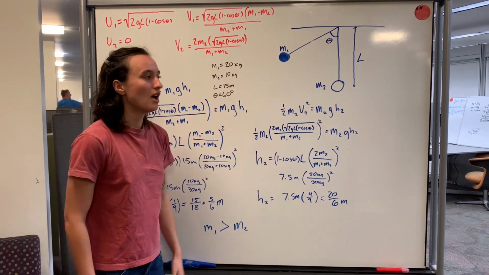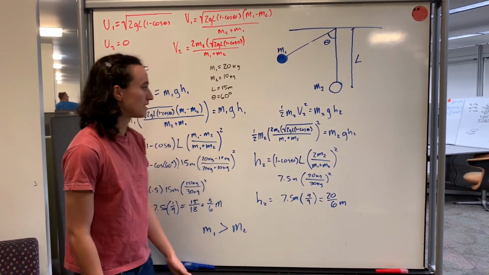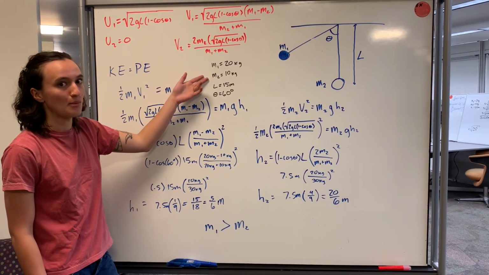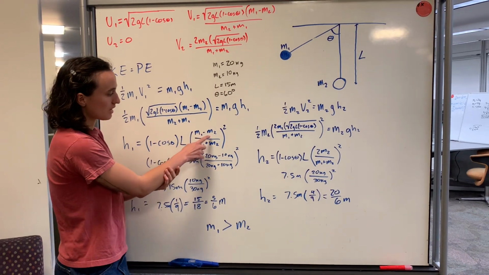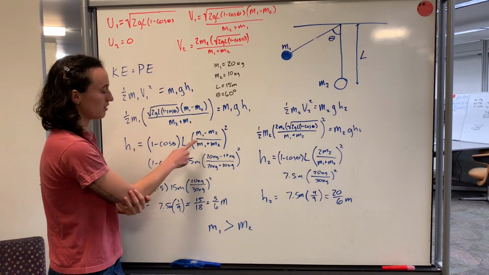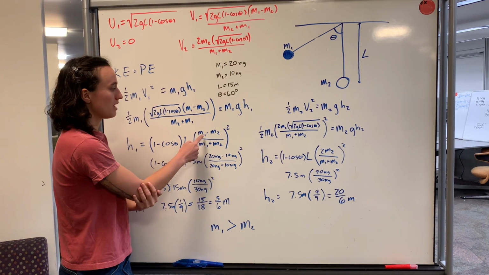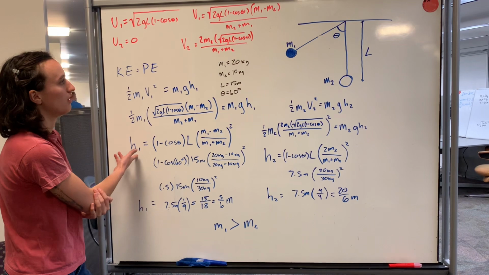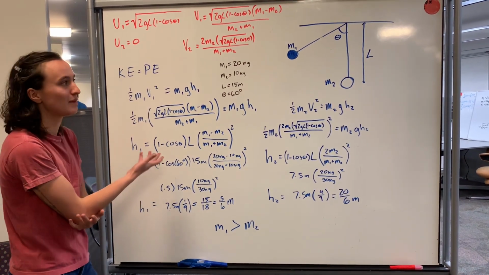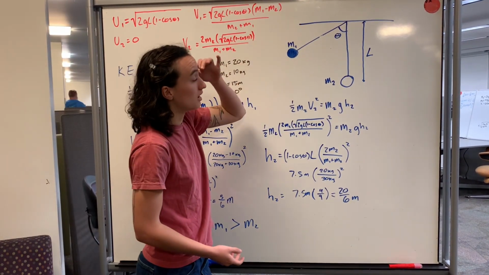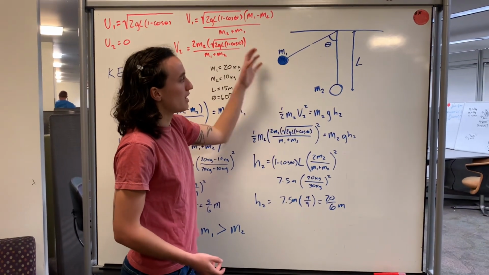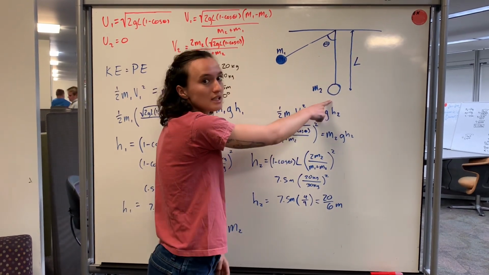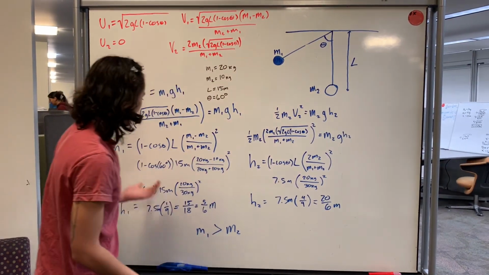Than if this was half and half. And then another thing that we can think about is, let's say these two balls were the exact same weight. If we put that into our equation for height 1 of the ball, if these were both 10 kilograms, this would be 10 minus 10, which is 0, and would make height 1 of ball 1 equal 0. That makes sense because if these were the same weight, this would hit, and then this one would swing off, and this one would replace it in this position, so the height would be 0.